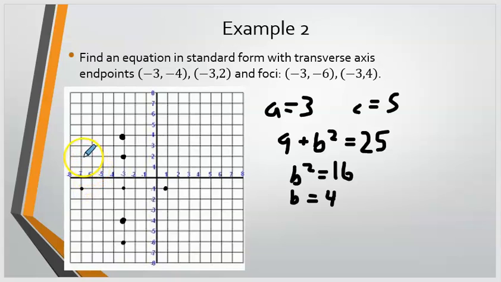So now we have enough information to draw in the sketch of the box here. Remember, we're using the points on the inside because it's the focus that's on the outside of the box this time. And then we can use the corners to determine where the asymptotes will go.